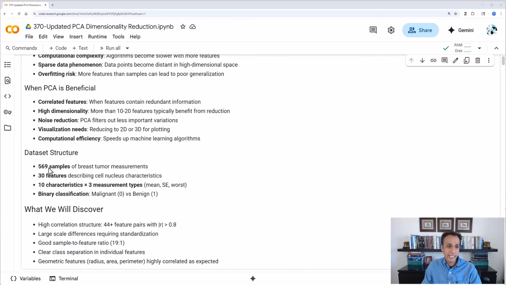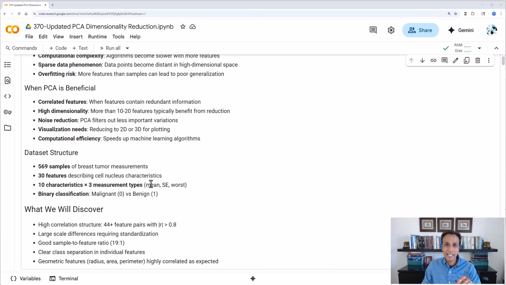In our case, we have 569 samples. That's way more than 30 features. Great, so at least we don't have more features than data points. And we have 10 characteristics like area, radius, perimeter, texture. So we have 10 such characteristics and 3 measurements for each characteristic.